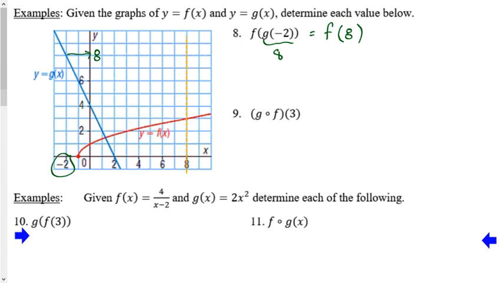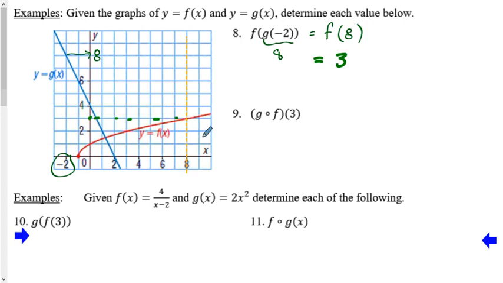So we just got this g of -2 equaling 8, plug it into the f of x function. That becomes my new x value, and I want to see what is the output I get. The output is a y value, and that y value is here. Looks like a 3 as I come across, and I look to see what the output is. So this is equal to 3. Why don't you pause the video and you try question number 9. Restart when you're done.